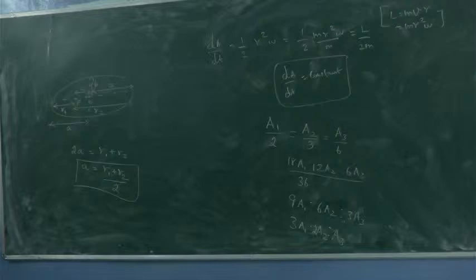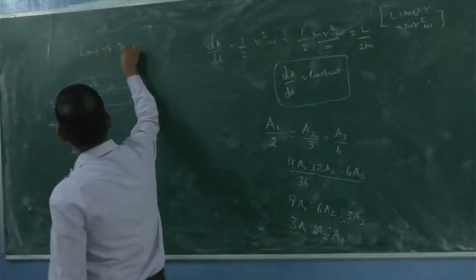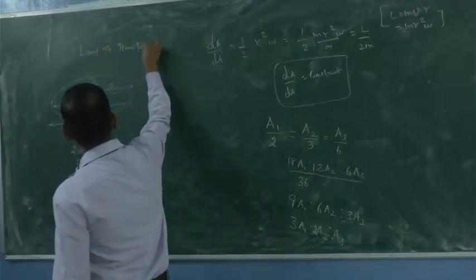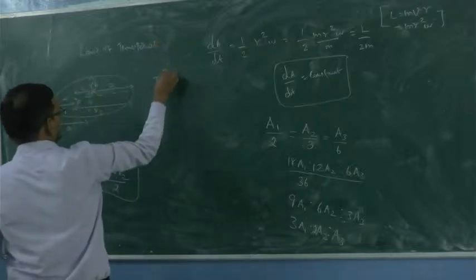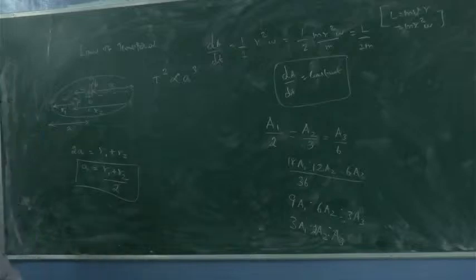Now we are going to relate the semi-major axis distance with respect to time period T. As per the law of time period, the square of time period, that means T square, is directly proportional to the cube of the semi-major axis.